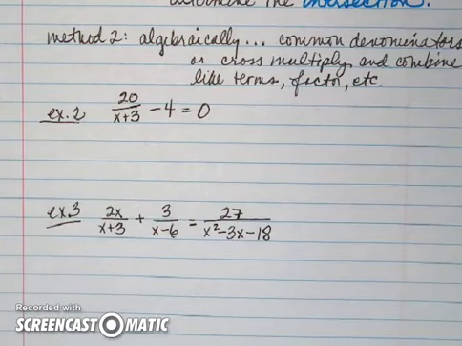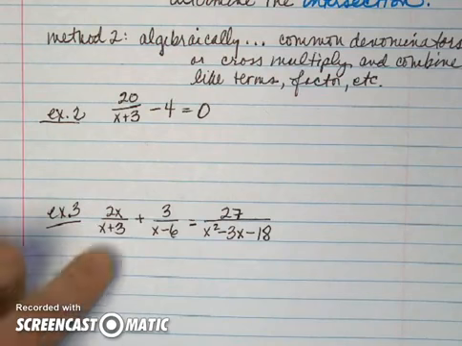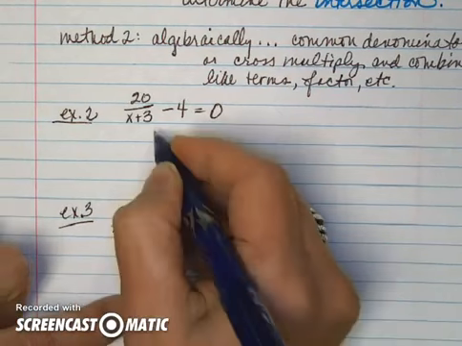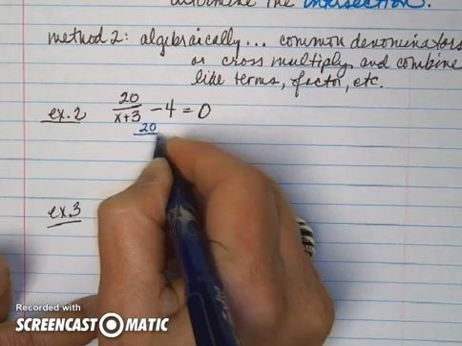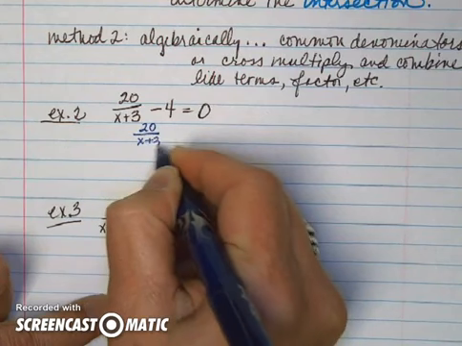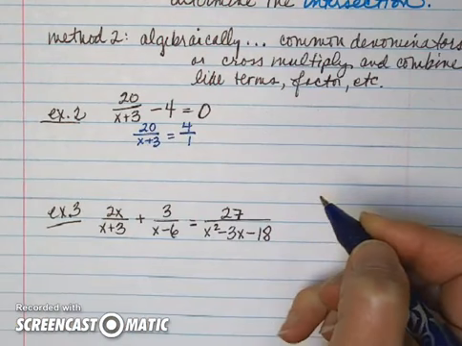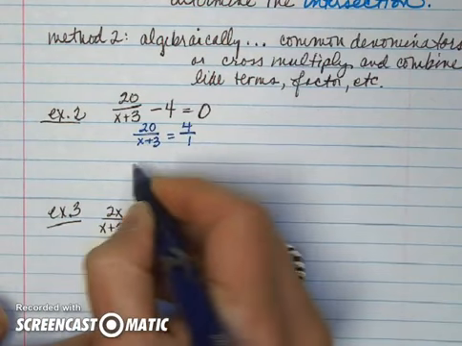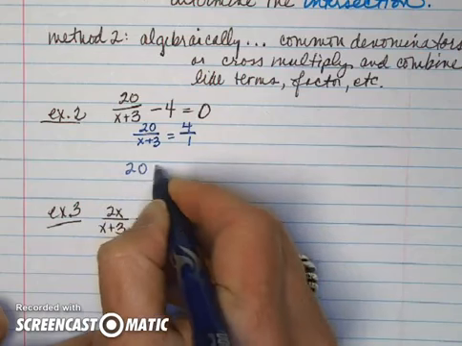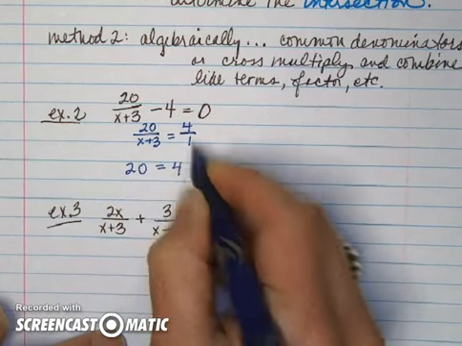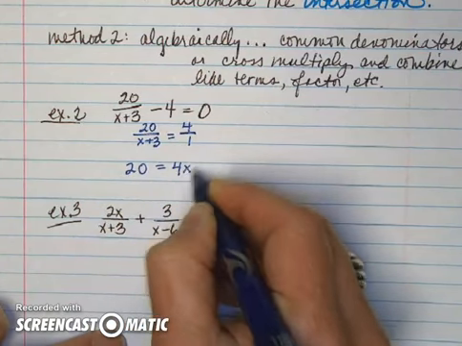If I do that, then I can have 2 equations that are equal, and I can then cross multiply. So if I have 20 over x plus 3 equals 4 over 1, now I can cross multiply and have 20 equals 4, I'm going to distribute, 4x plus 12.